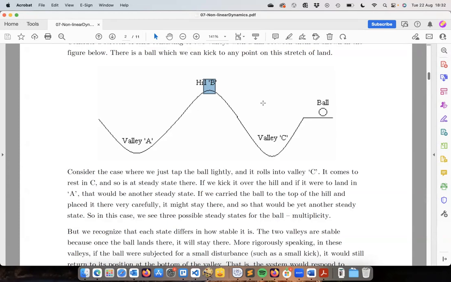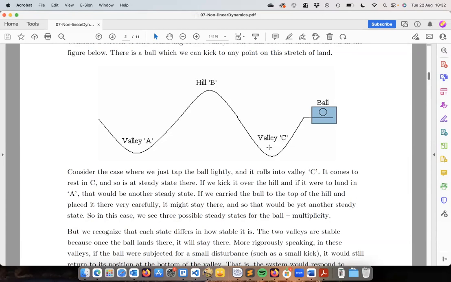So that's one of the concepts in nonlinear dynamics, the multiplicity of available steady states, that the state of your system, the state of this ball, is its position. So it's X and Y coordinates in this plane.